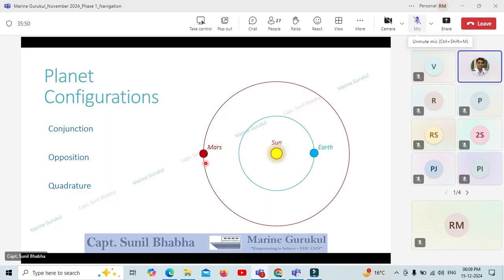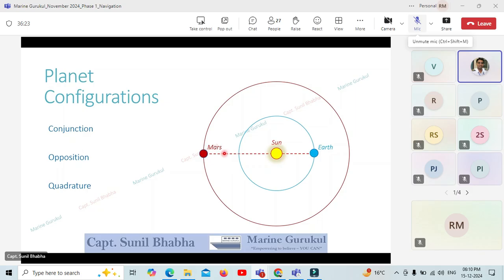Now with varying speed, it is possible that the Earth and a particular planet may be at different locations with respect to the sun. For example, right now when you see in the diagram, you can see that for an observer on the Earth, the sun as well as the planet Mars are in the same direction.